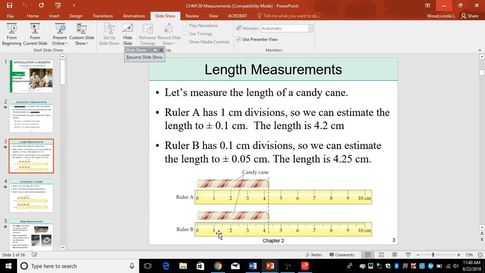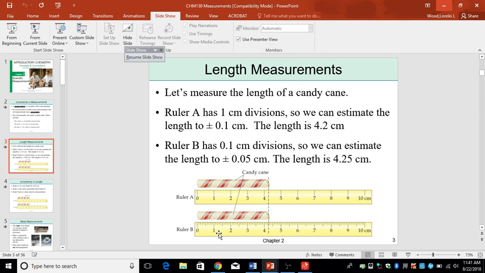I think we'd all agree that it's at least 4 centimeters, right? Does anybody not agree that it's at least 4 centimeters? All right, so at this point we have a very high level of repeatability. We have a very high level of precision because everybody agrees it's at least 4, right?